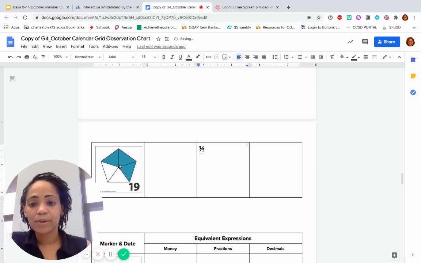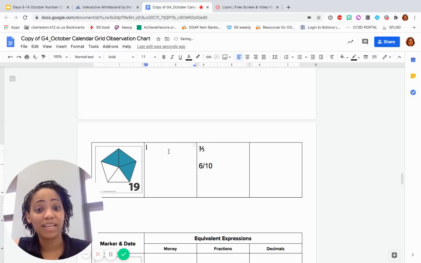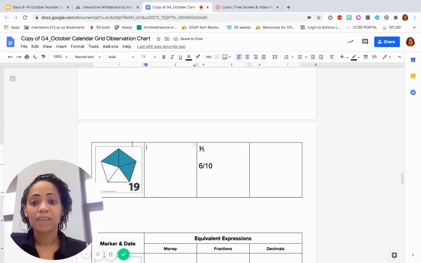Think about it like we were cutting each of these fifths in half. So now we have 10 total. So then how many tenths would I have? Right, 6/10. And maybe that'll help us figure out how this is related to money. Because each fifth would be like, how many cents? 20 cents, 20, 40, 60 cents.